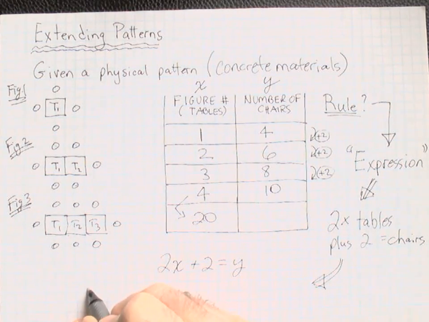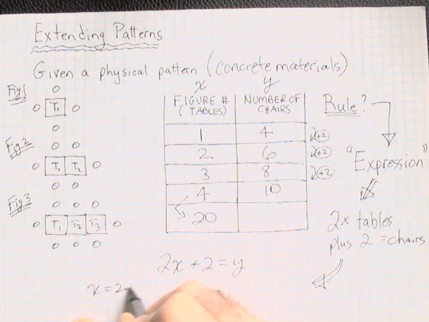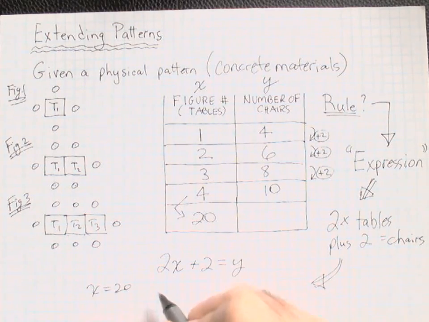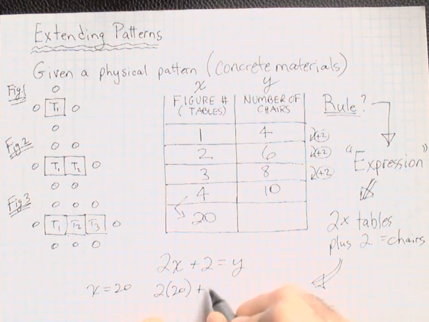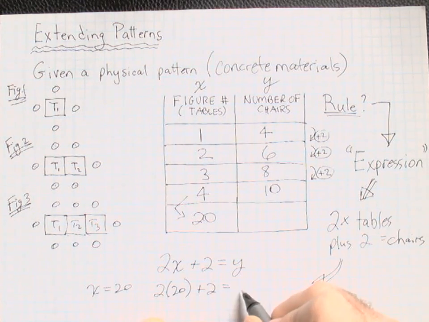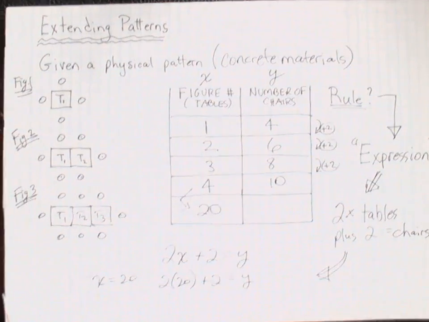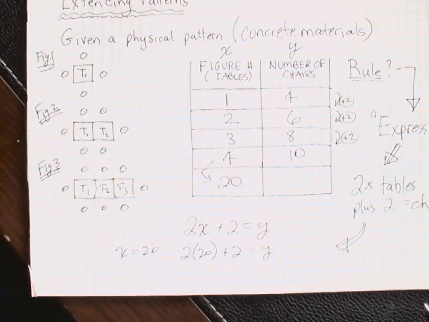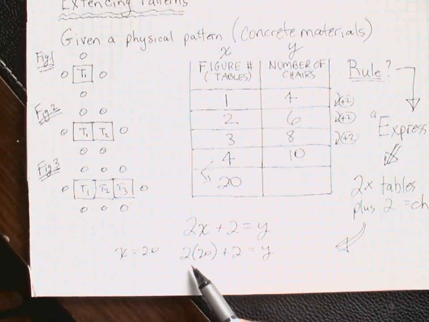So if x is 20, I want to take my number of tables, which is 20, multiply it by 2, and add 2, and that'll work out to the number of chairs. Stop for a second and see if you can do that on your own. Can you figure out what that is?